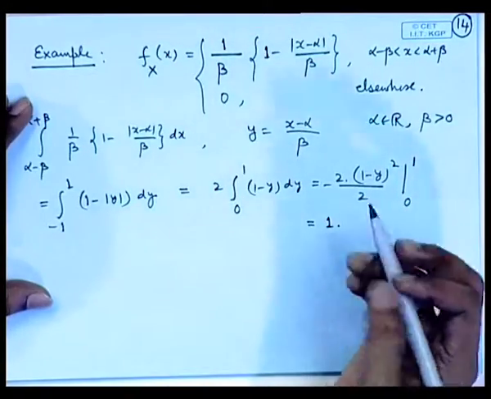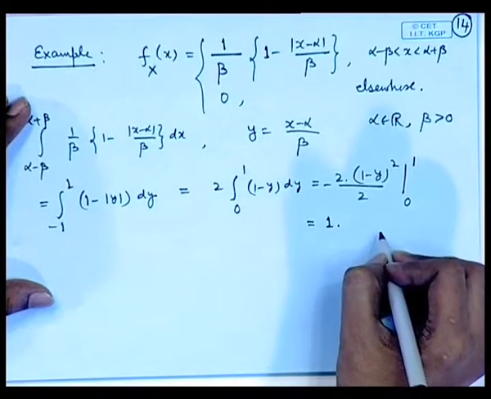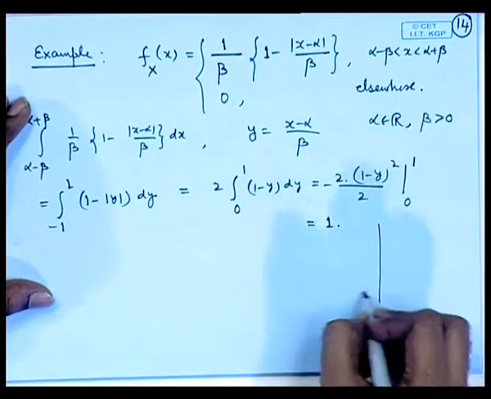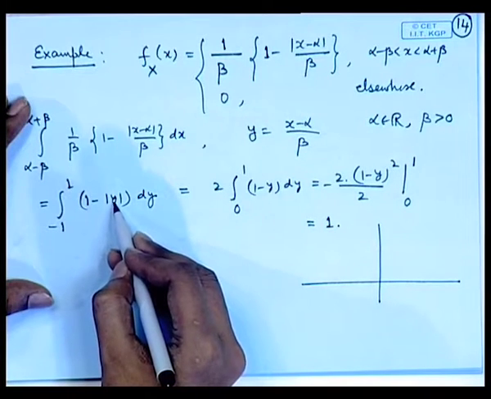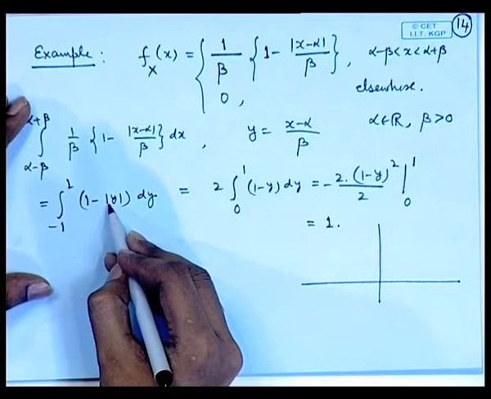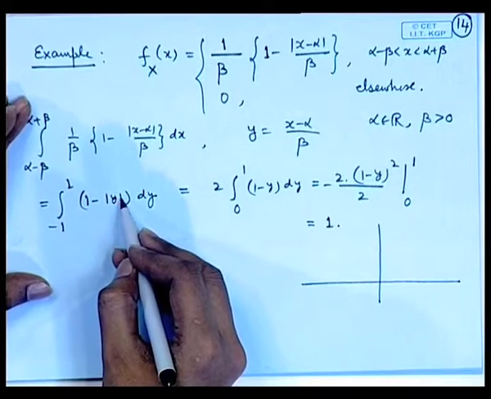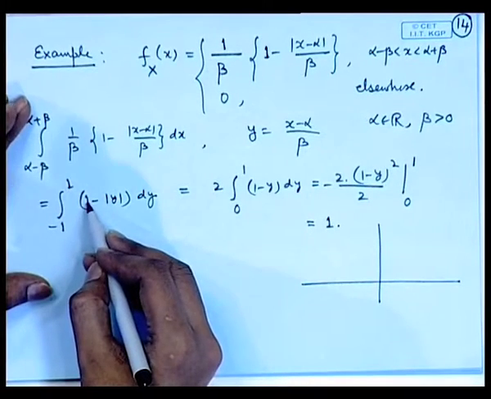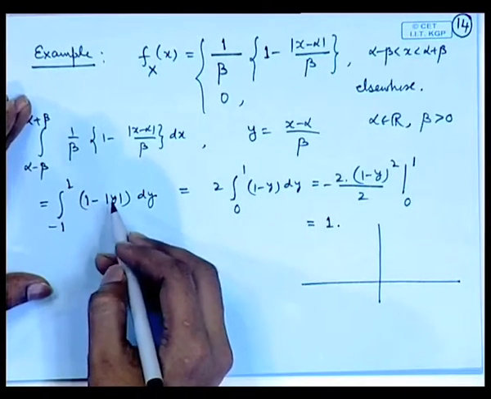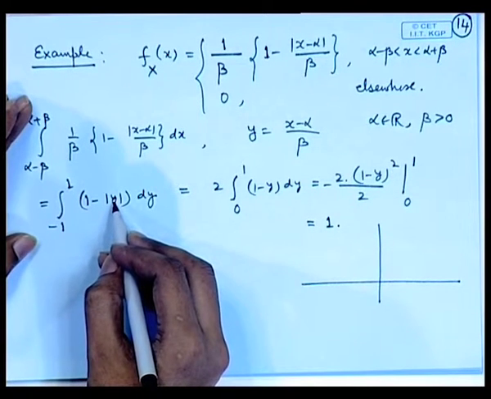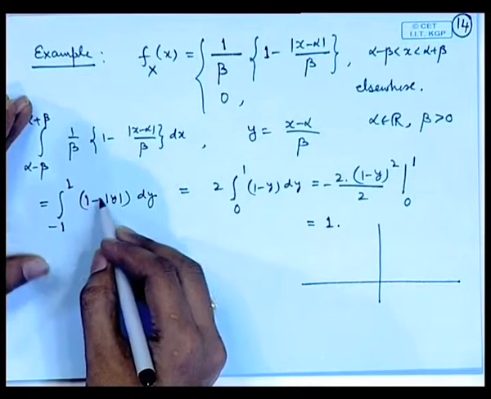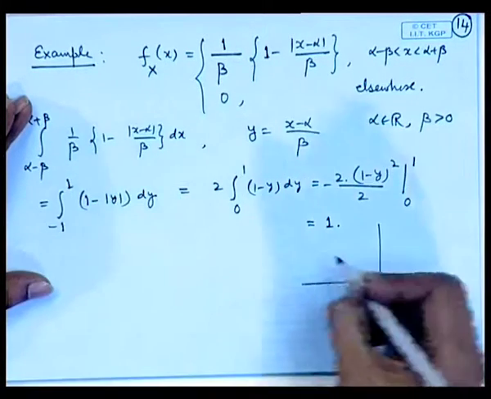If we want to look at the shape of this distribution, we can see that for y positive this is 1 minus y, and for y negative it becomes 1 plus y. So, the value at y equal to plus 1 and minus 1 is 0, and at y equal to 0 it is 1.